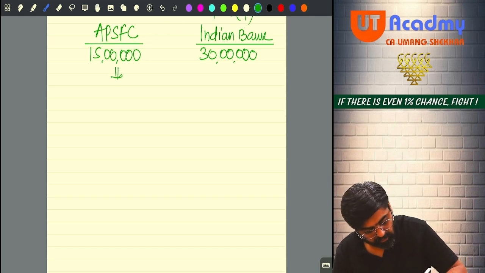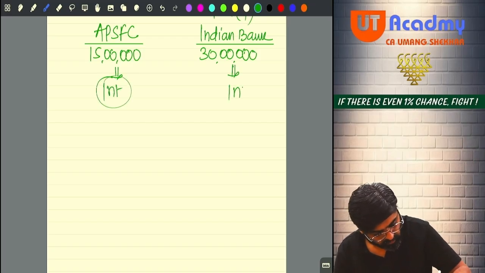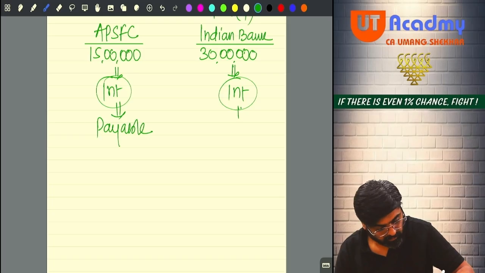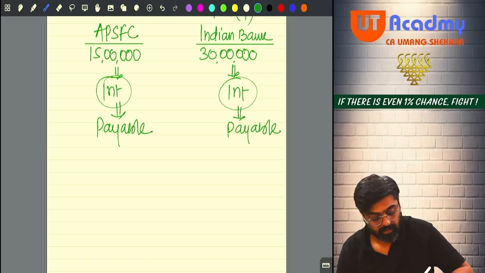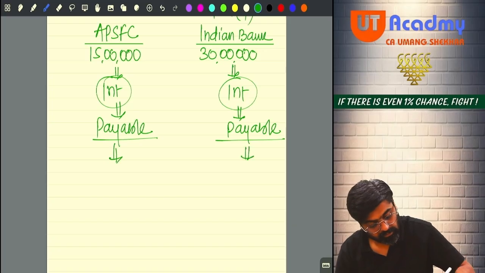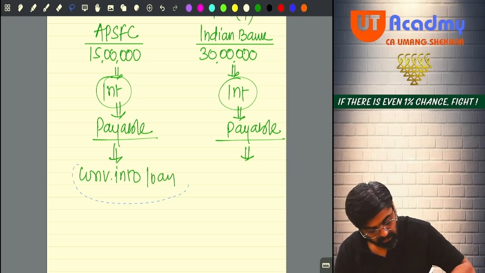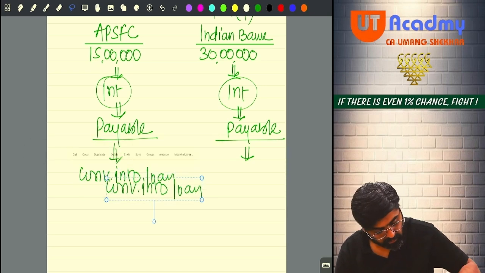This is also interest. This is also payable. Payable for 2 years, payable for 1 year. This was converted into loan, and sir, this was also converted into loans.